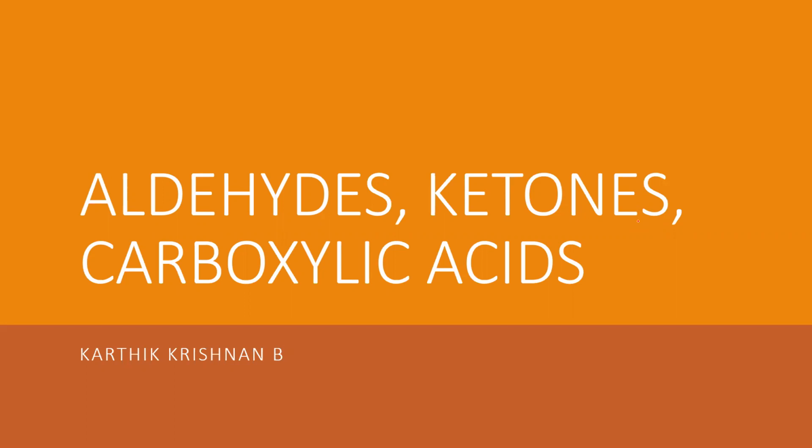A carbonyl group is a C double bond O group. So, if any compound contains a C double bond O functionality, then we call such compounds carbonyl compounds. For our understanding in this chapter, we will look at three of such compounds: aldehydes, ketones, and carboxylic acids.